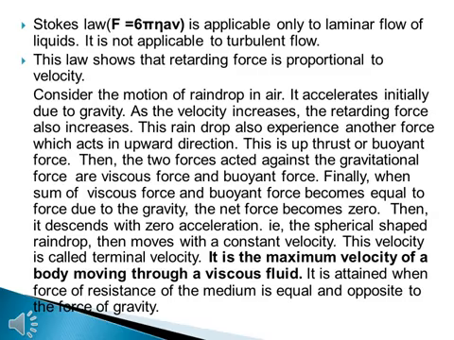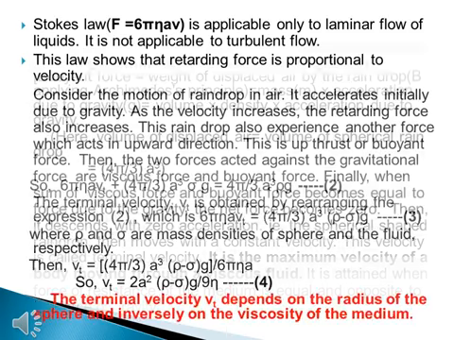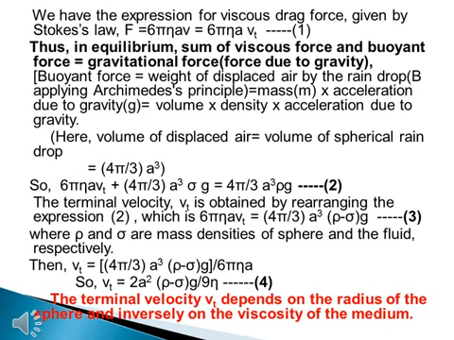The consequence is that it descends with zero acceleration. That is, the spherical shaped raindrop then moves with a constant velocity. This velocity is called terminal velocity, which is represented by Vt.